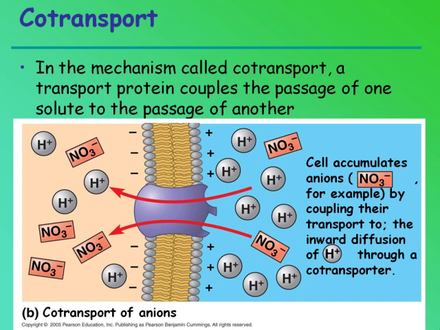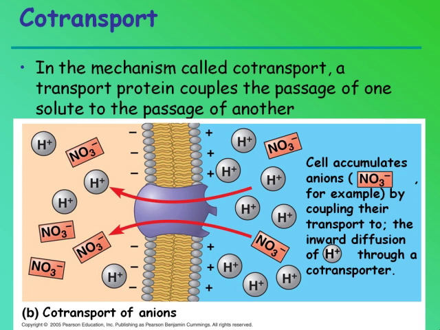Here, co-transport of an anion with hydrogen, okay, so cells accumulate ions, here nitrate, for example, by coupling their transport to the inward diffusion of the hydrogen ions through a co-transporter. So this takes in the nitrate along with the hydrogen.